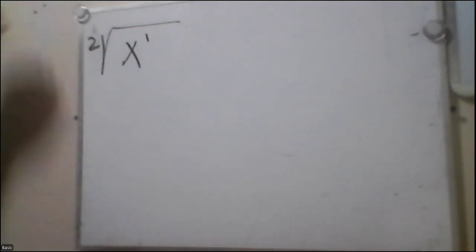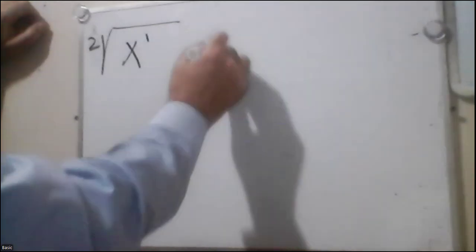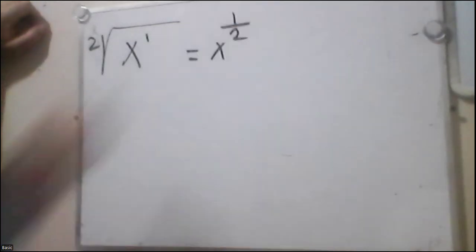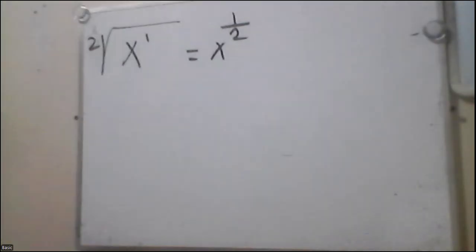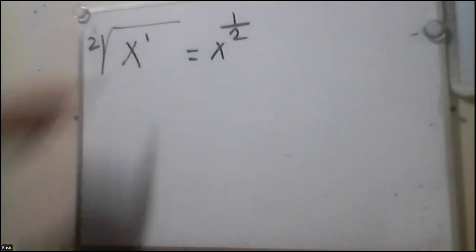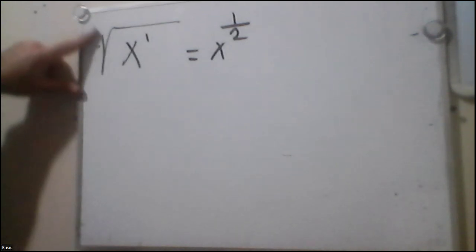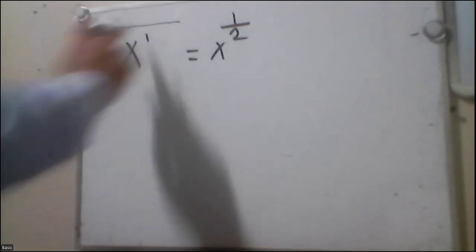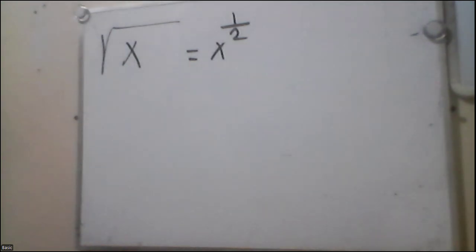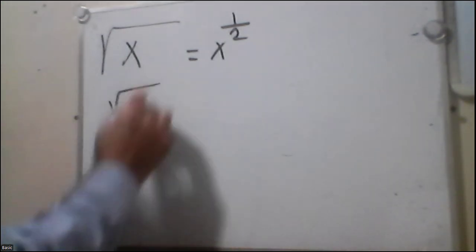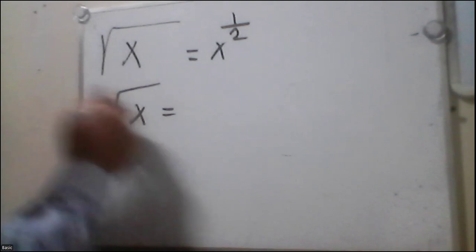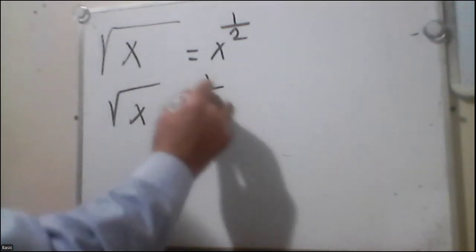Let me show you. If I want to solve it, that means x power half. Because 1 inside divided by 2 outside. But usually we don't write this, and we don't write the 1. So we can say like this, the root of x will equal 1 divided by 2, which means x power half.